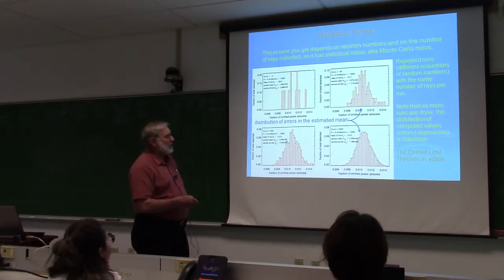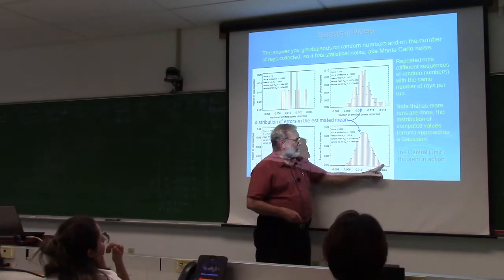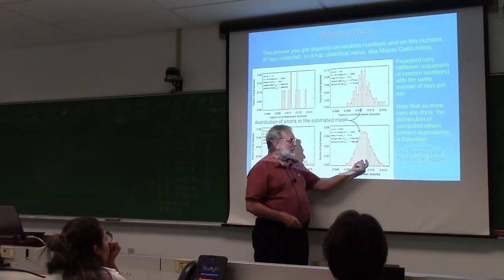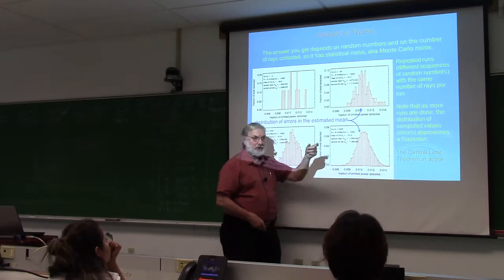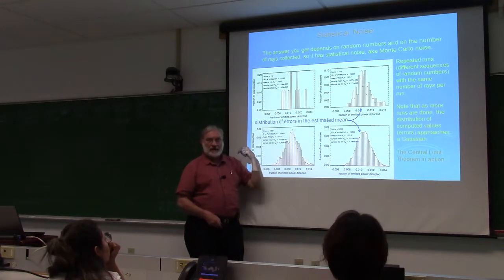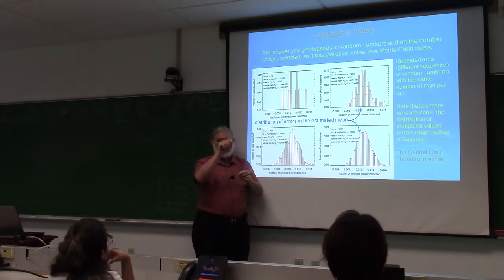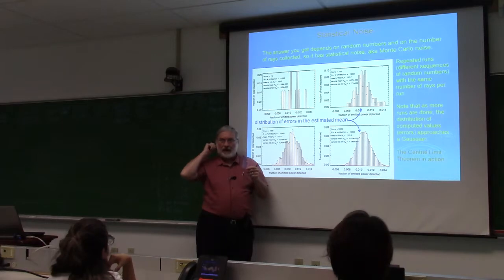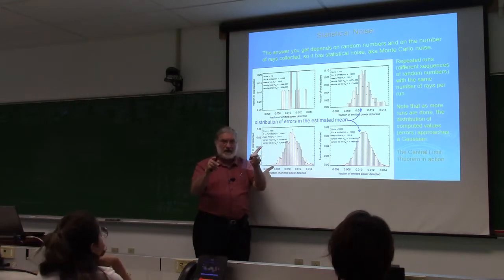And so the bottom line is, as you do more and more runs, the distribution of the results, whatever they happen to be, will always approach a Gaussian, even though your underlying PDF is not Gaussian. Here our underlying PDF was this exponential for the distance traveled. It was some kind of inverse cosine thing for the scattering angle.